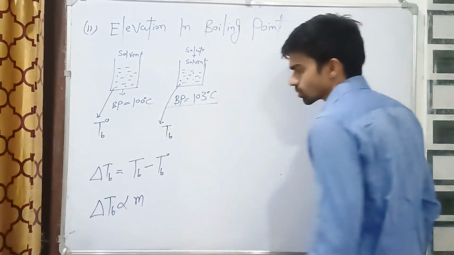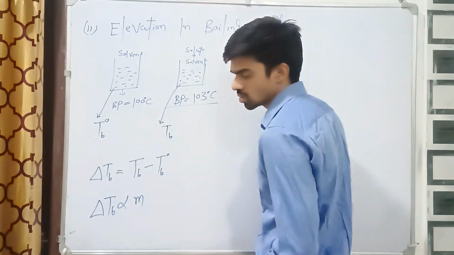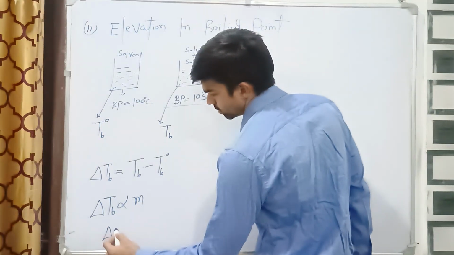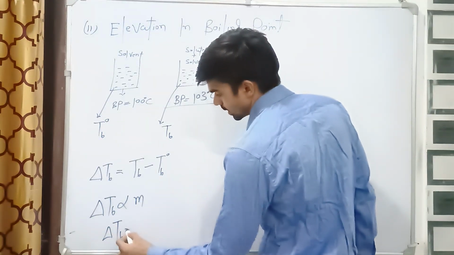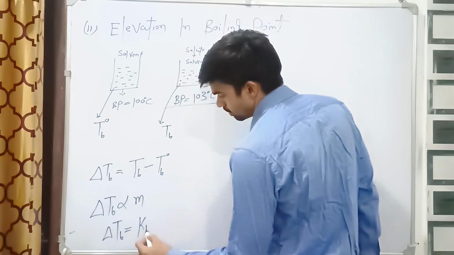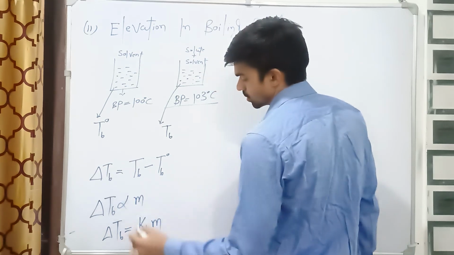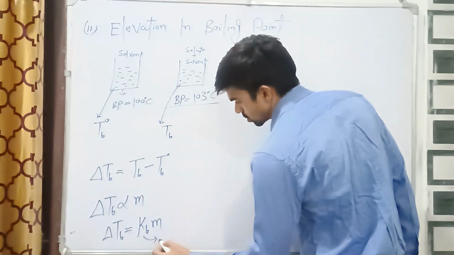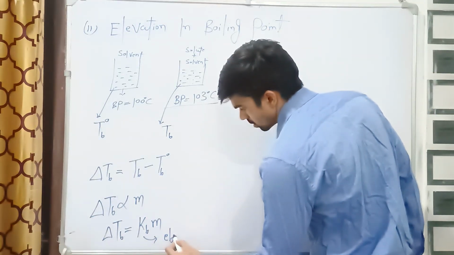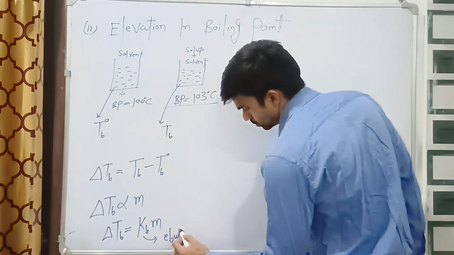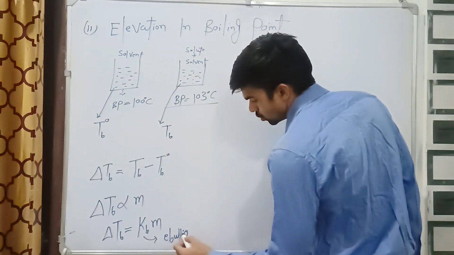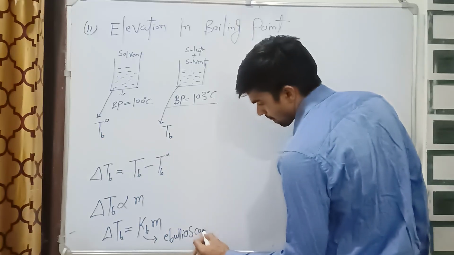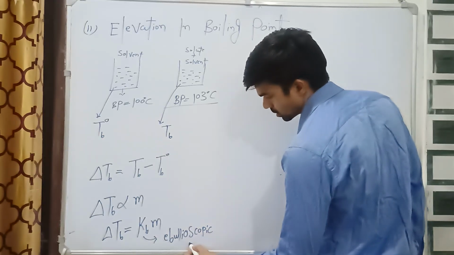Or when we remove this proportionality sign, we will get a constant, that is Kb into m. So this Kb is a constant which is called ebullioscopic constant.